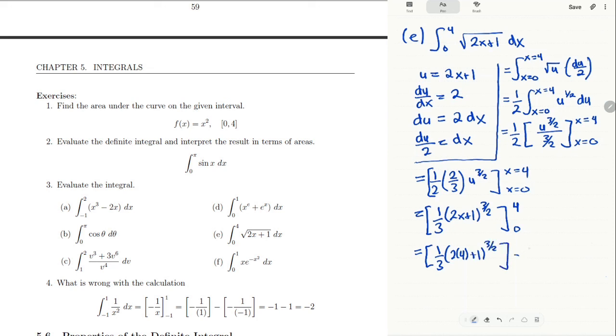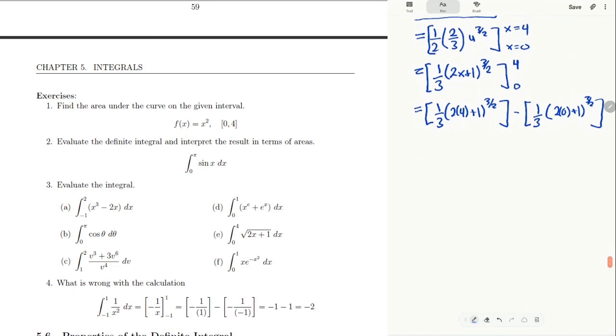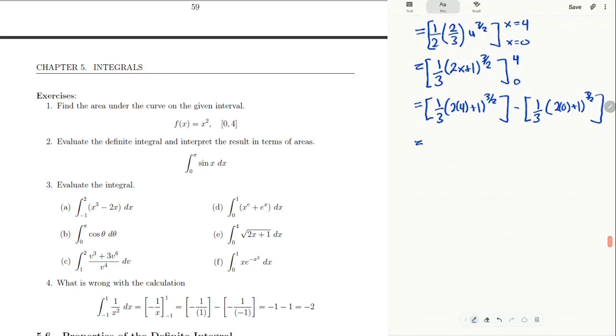And then we subtract the evaluation at the lower limit, which is 2 times 0 plus 1 to the 3/2. So we have 1/3 times 9 to the 3/2 minus 1/3 times 1 to the 3/2.